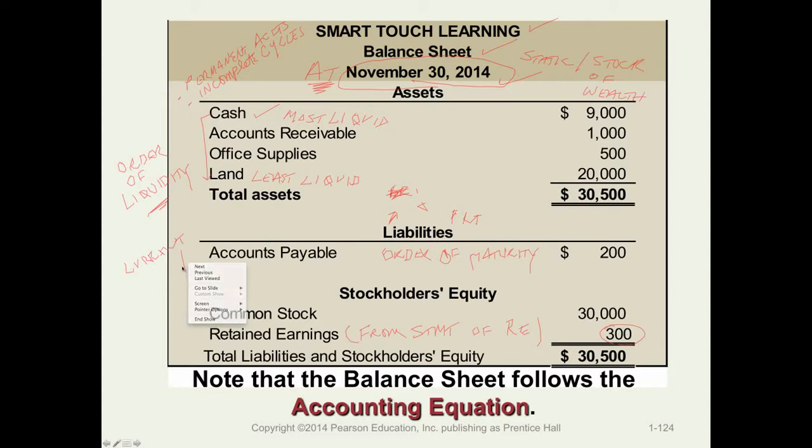Then you go to long term. Okay, current and then long term. Now, notice that the balance sheet follows the accounting equation. Assets, economic resources, followed by the claims against those resources. Assets equal liabilities plus equity.